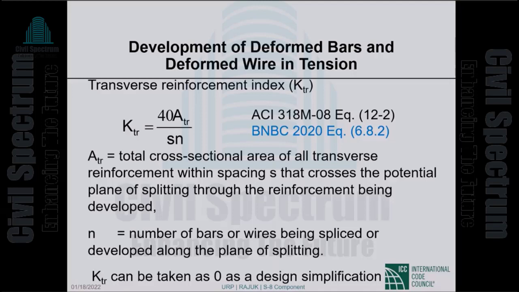C sub B, which I forgot, it turns out. I will tell you, and I want to tell you the exact thing. C sub B is smaller of two things.